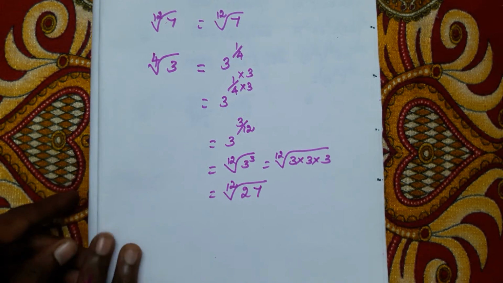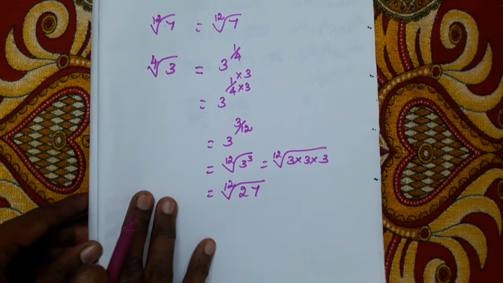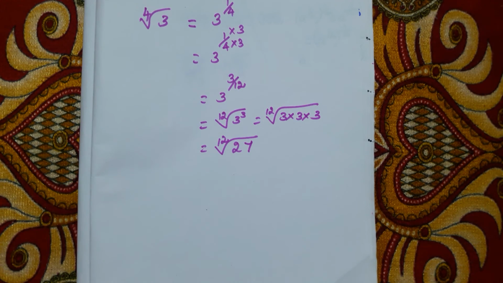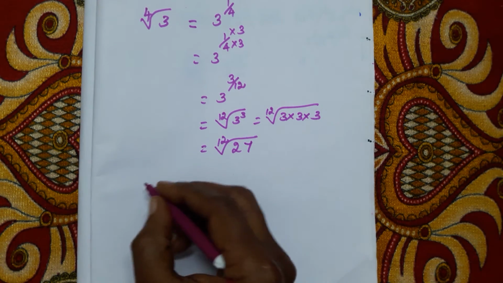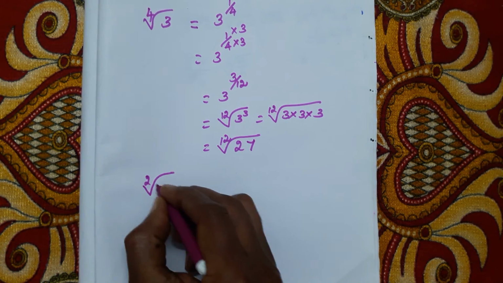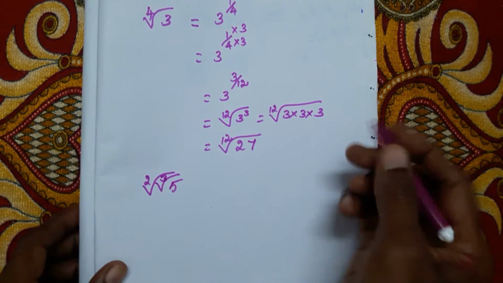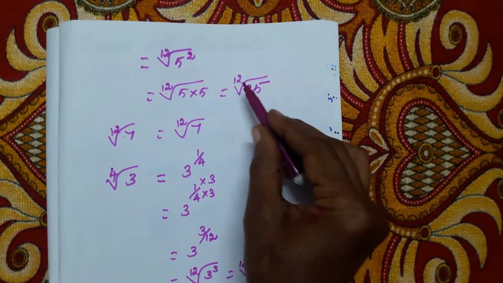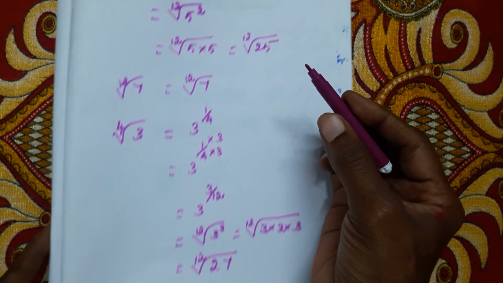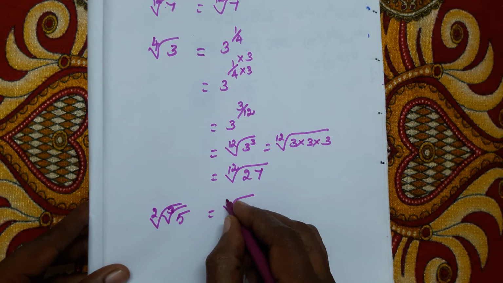What's the question? We have to write these in descending order. First number, the square root of the cube root of 5, is equal to what we got: the 12th root of 25.